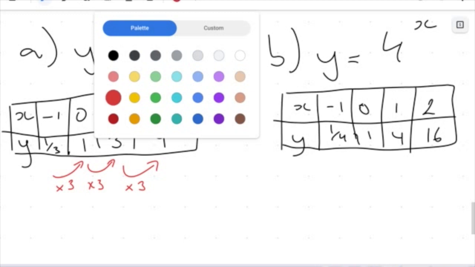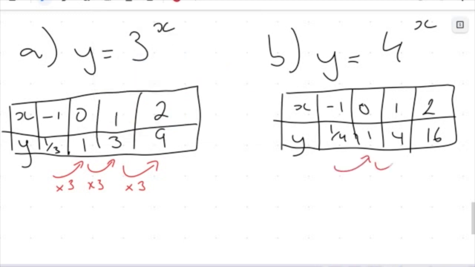So let's make another link here between all of these y's. What's the pattern as they change? Now, going from a quarter to 1, well, 4 quarters make up 1 whole. So we can get from a quarter to 1 by multiplying a quarter by 4. We get from 1 to 4 by multiplying by 4.